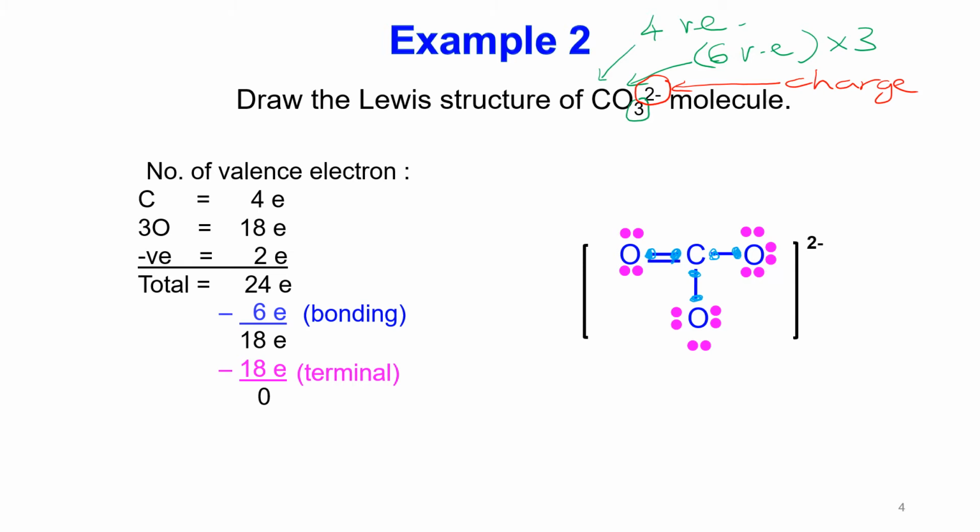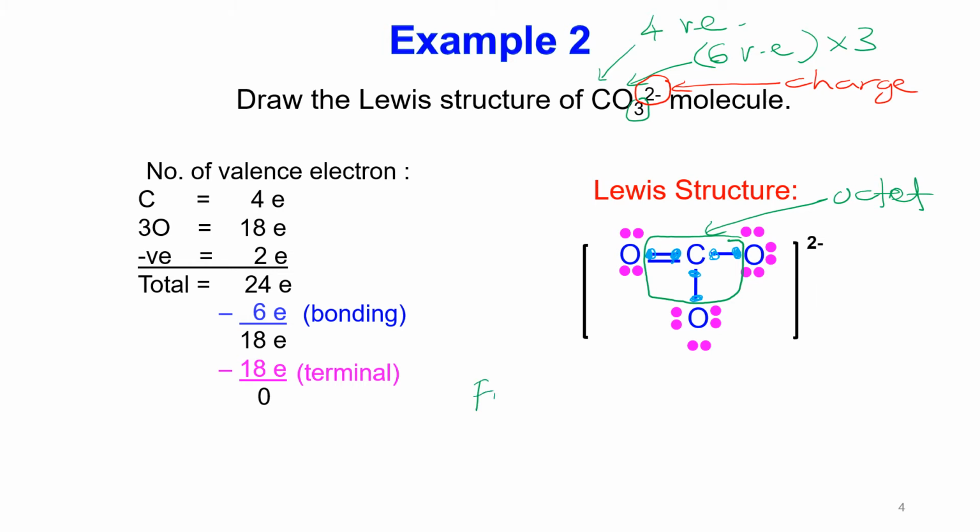Now let's change the first oxygen. We make a double bond at CO. So now it is most stable. This one is more stable because carbon is octet. This is more stable than the first one.